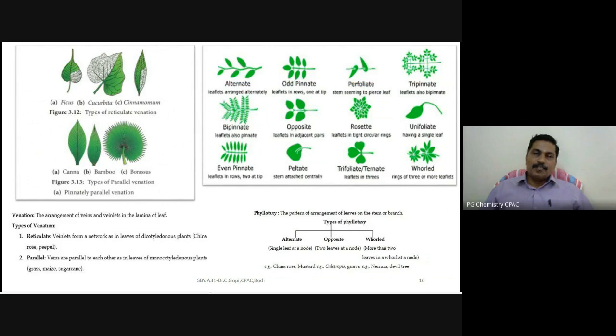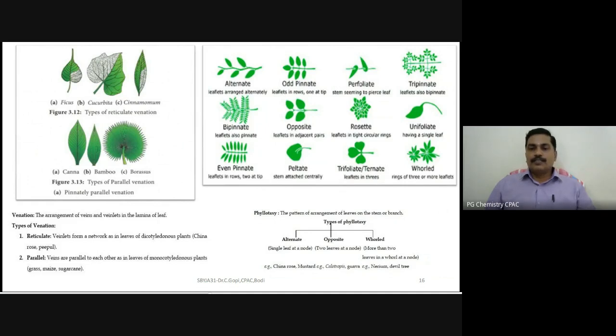When you see a dicot leaf under the sun, you find so many veins interlinked. That is called reticulate venation. When you observe the veins of monocotyledon plants, you find parallel venation. That is the basic difference between the monocot and the dicot. Reticulate venation is found in dicotyledon plants and parallel venation is found in monocotyledon plants.